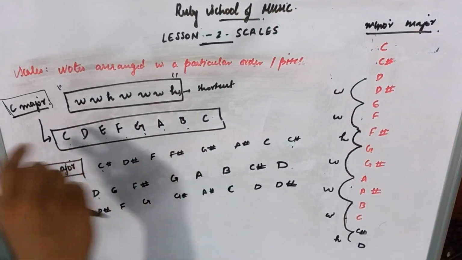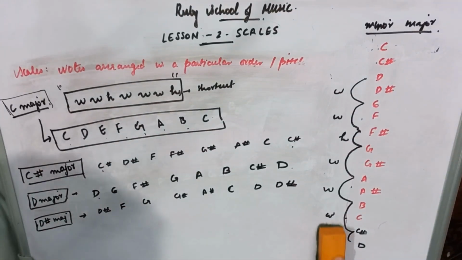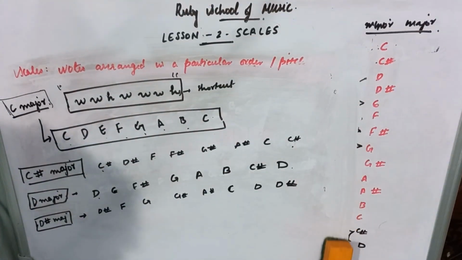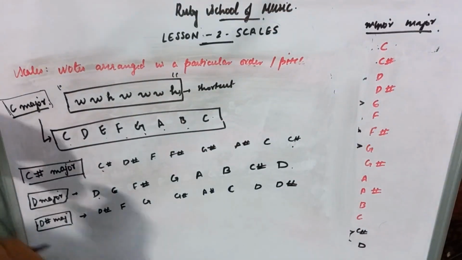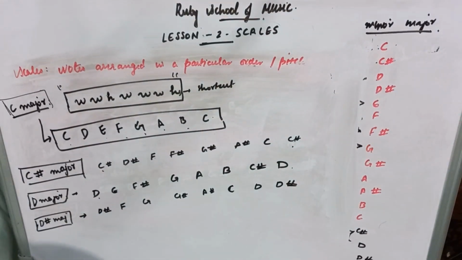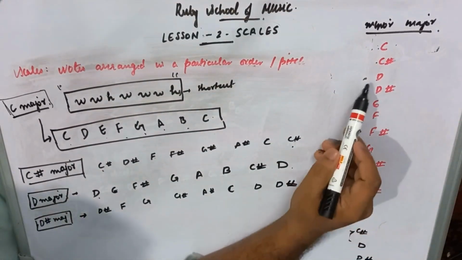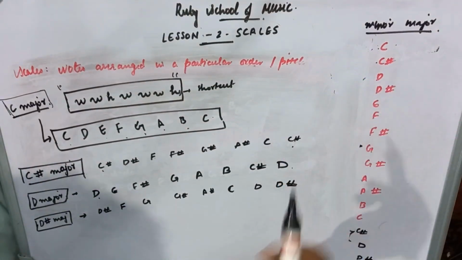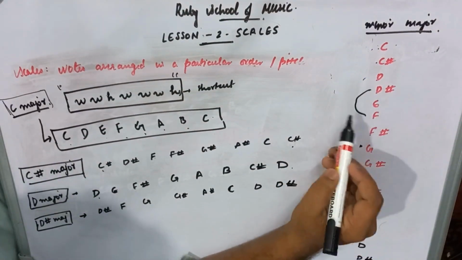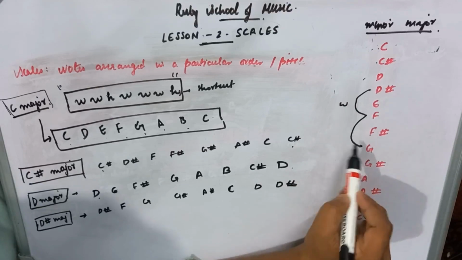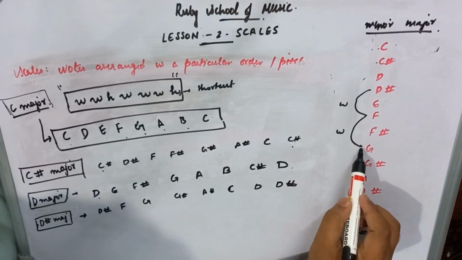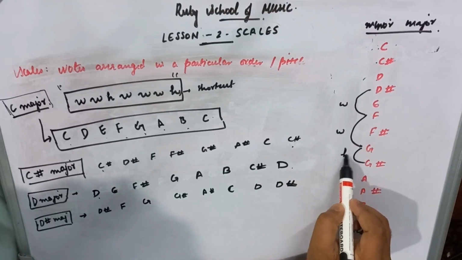We can recheck this, we can cross check this right here. Let's see. So we're starting with D sharp here, right? D sharp to F, that is a whole note. Then F to G, that is another whole note. Then G to G sharp, that is a half note.